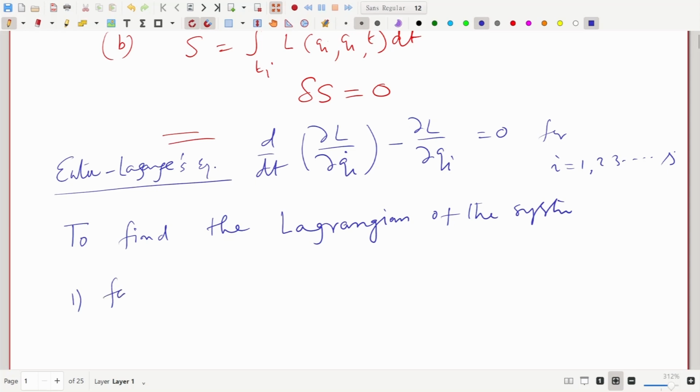the Lagrangian is just the kinetic energy of the system.